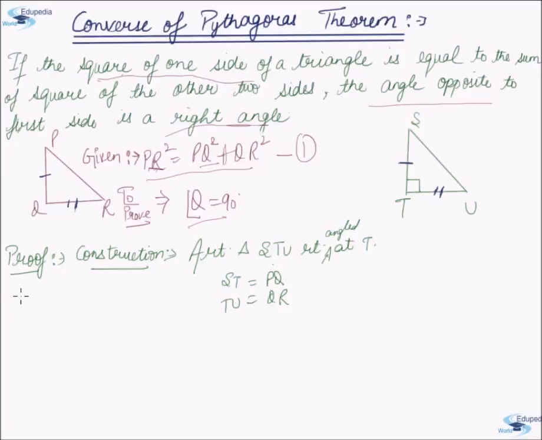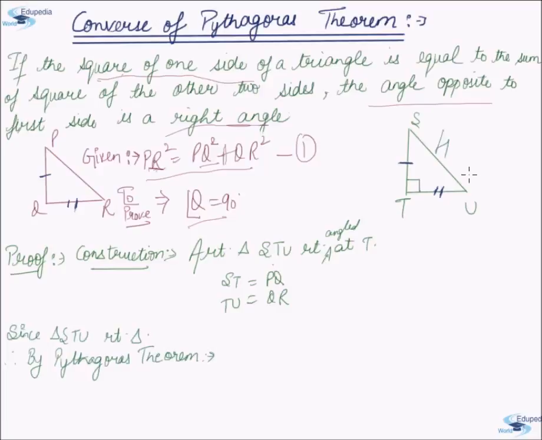Now, since triangle STU is constructed as a right triangle, the Pythagoras theorem is applicable. The Pythagoras theorem says that if we have a right triangle, then the square of the hypotenuse is equal to the sum of squares of the other two sides.